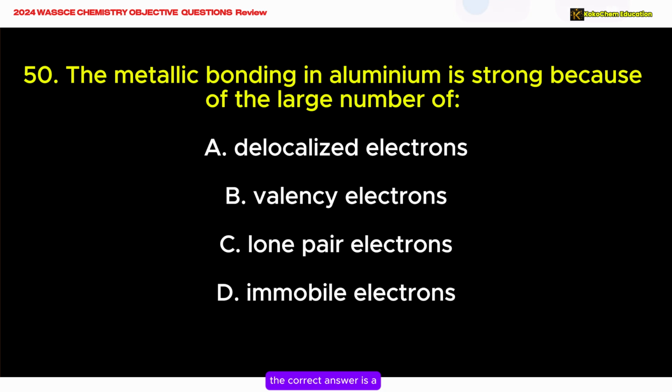The correct answer is A. Delocalized electrons. Explanation: aluminium atoms donate their outer electrons to form a sea of delocalized electrons that hold the metal ions together strongly.